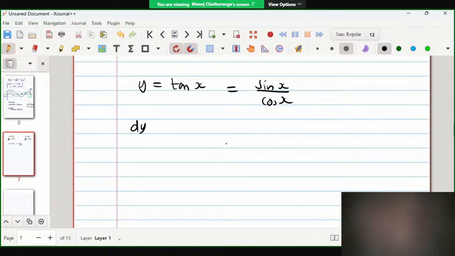For the derivative, now we need to use the quotient rule. Remember, for u divided by v, it is u prime v minus u v prime, divided by v square.